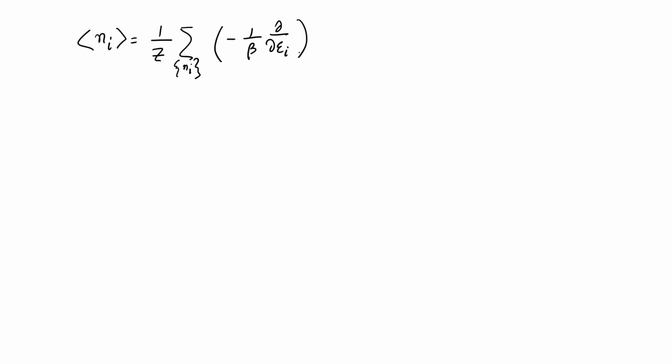Okay. This is easy to calculate because we have already calculated something like this. It is 1 by z, and then there is a sum over the Ni's, and there is a minus 1 by beta del by del epsilon I acting on the exponential of minus beta n1 epsilon 1 plus n2 epsilon 2 and so on.